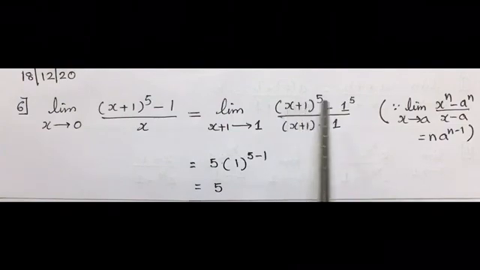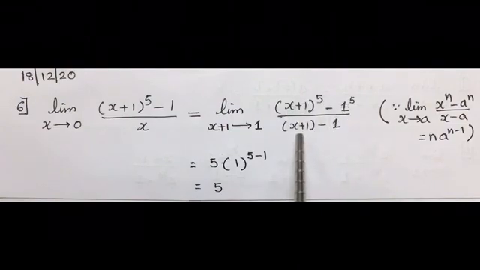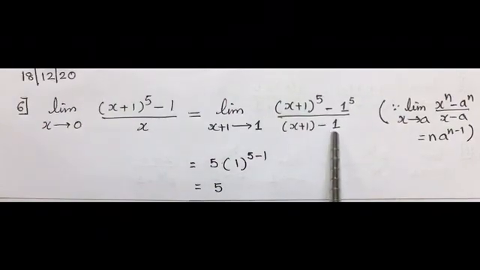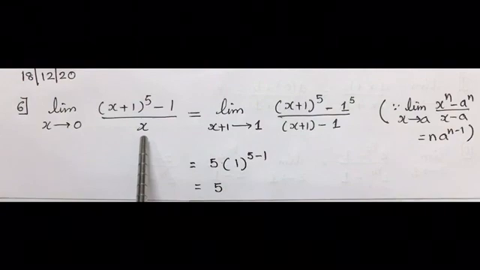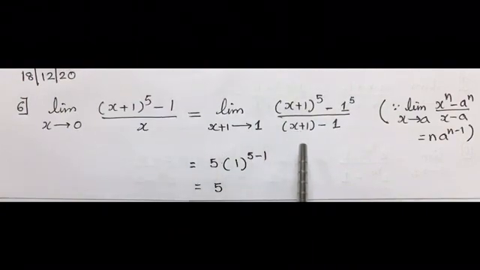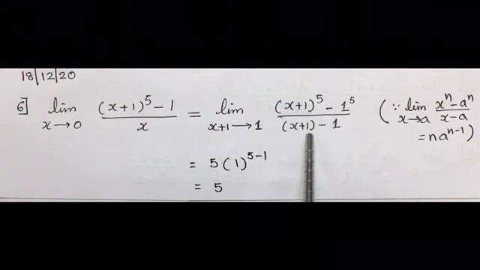Now whatever is there in the numerator, the same thing is to be kept in the denominator. So x is already given. Only plus 1 and minus 1 we have to adjust.